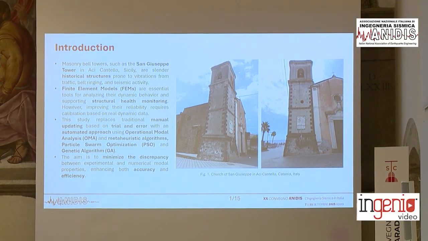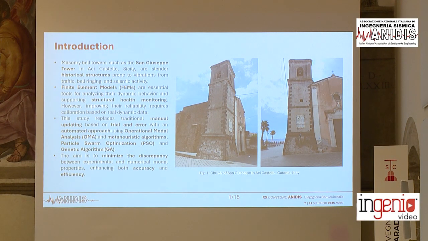This research is the continuation of a previous research on model calibration of this structure, where the model was calibrated manually based on trial and error. In this research, we try to automate the calibration process utilizing meta-heuristic algorithms, including particle swarm optimization and genetic algorithm.